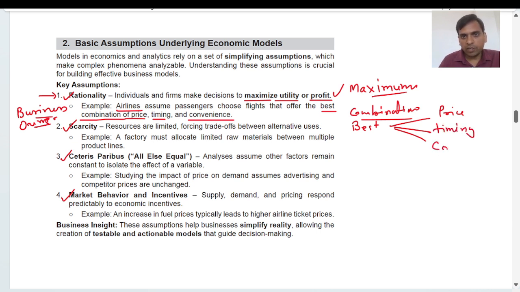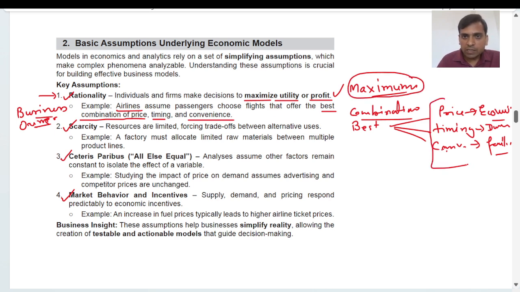And third is convenience. Convenience is associated with all facilities associated with traveling, and timing means not a long journey duration, and price is economic. So in rationality, the objective is to maximize profit or utility while providing all these things: perfect price, balanced price we can say, perfect timing or limited duration of journey, and convenience.